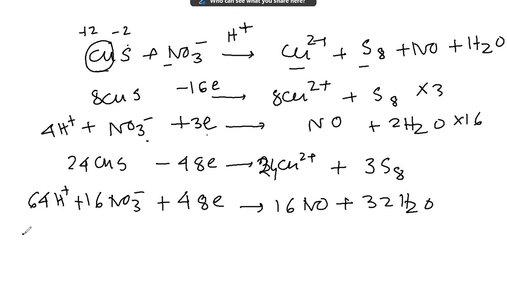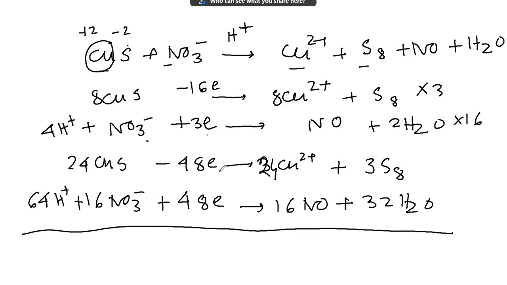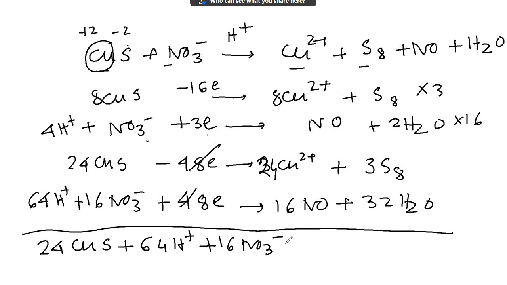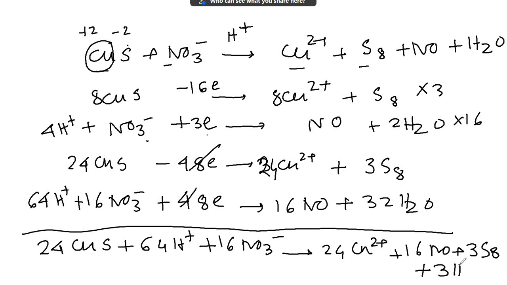Add. What we are getting? 24 CuS plus 64 H plus 16 NO3 minus gives you 24 Cu2 plus 16 NO plus 3S8 plus 3H2O.